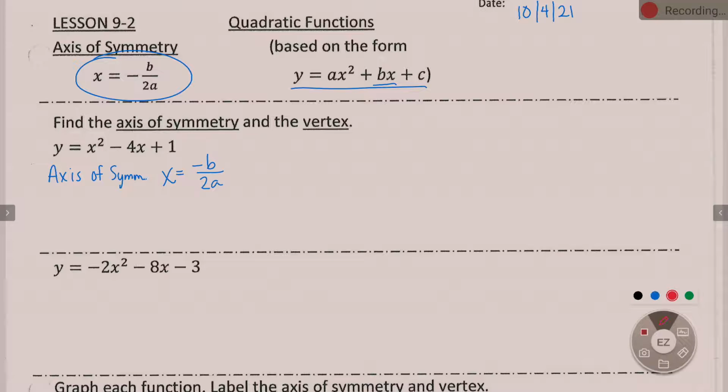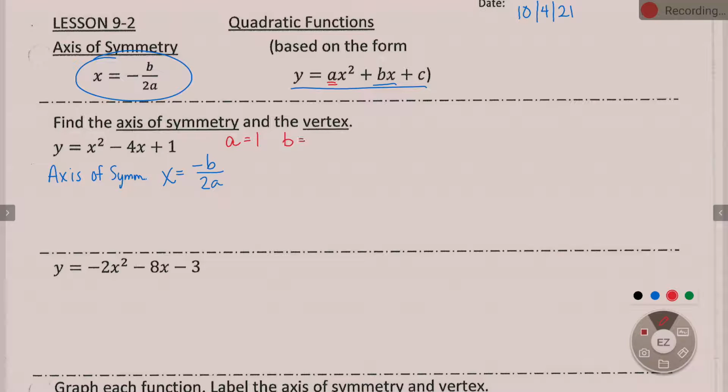Now, before we get started there, can we talk about our ABCs? Yeah. I like to talk about my ABCs here. If it is ax squared plus bx plus c, what is a? What is the number in front of x squared? 1. Invisible 1. Good.